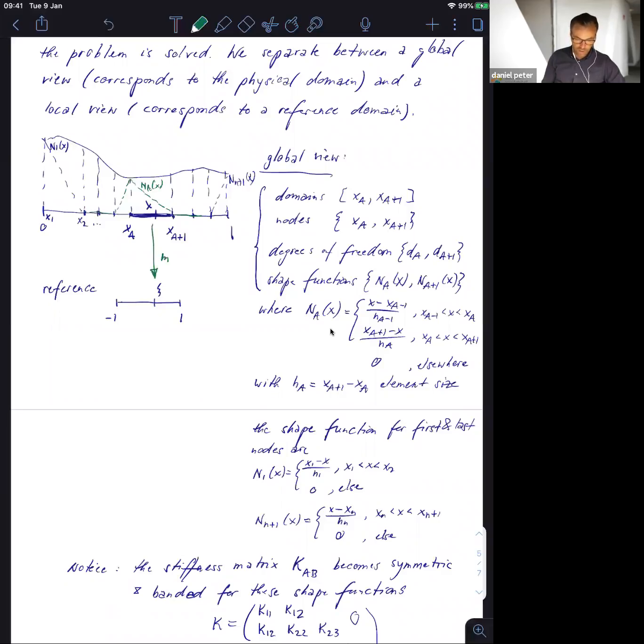That's the mapping that we need. We can just say this is the mapping xi, which maps the range from xa to xa plus 1 to our reference range xi1 to xi2. So the mapping is basically a function of X. What's xi of X, for example?